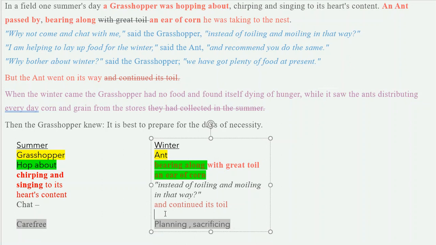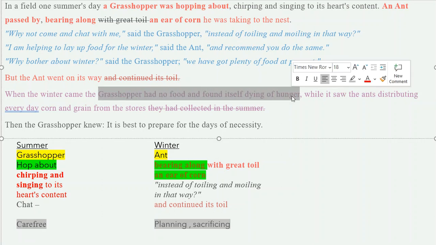So there are people who can plan and sacrifice sometimes the good times in order to then collect rewards later on. But some people are carefree, they do not plan, they do not sacrifice, and what happens to them? It was dying of hunger, right? The grasshopper was dying of hunger.